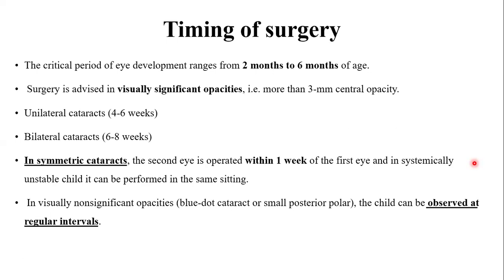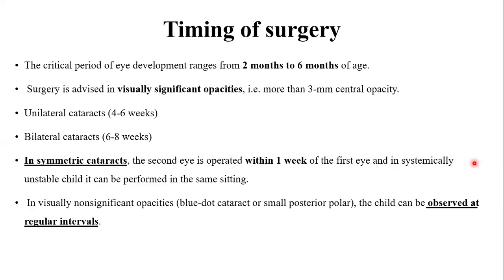If the child has a non-significant opacity like a blue dot cataract or a small posterior polar or anterior polar cataract, those children need observation, because sometimes the cataract will progress.